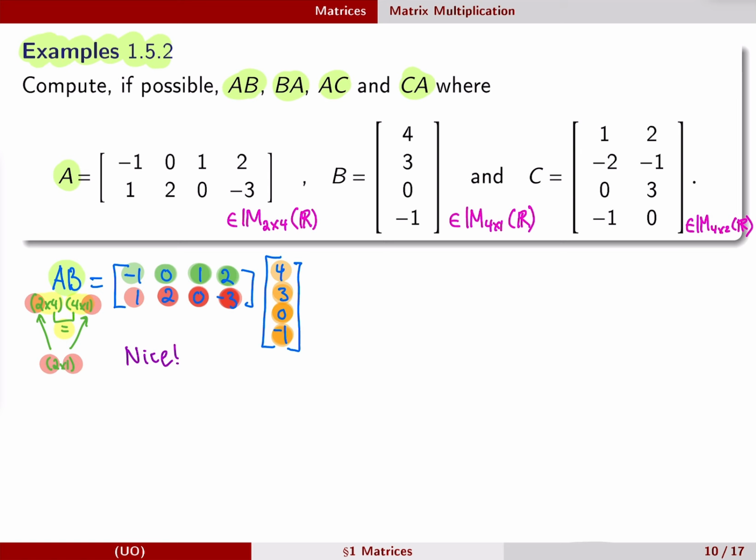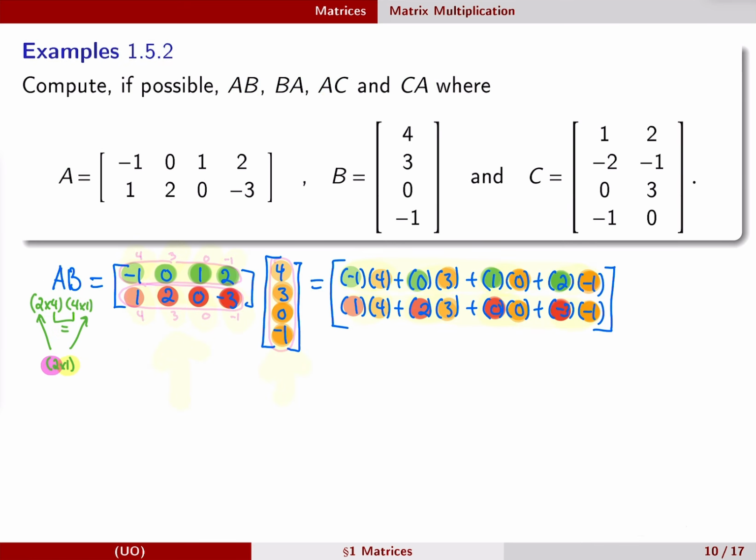All right, now that my two matrices are next to each other, I'll show you how I like to compute the actual resulting product. What I like to do is circle the rows of the left matrix. So I have rows 1 and 2 of the left matrix A, and I circle all the columns of my second matrix.